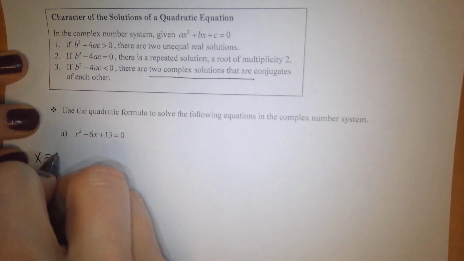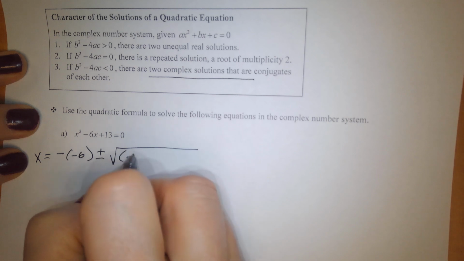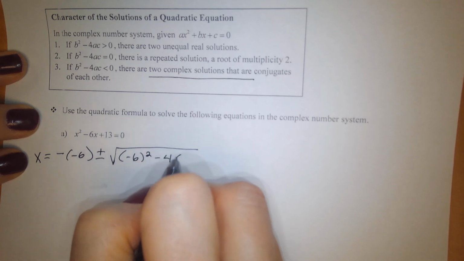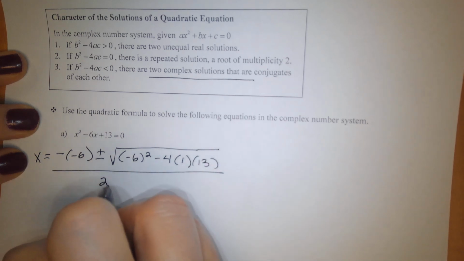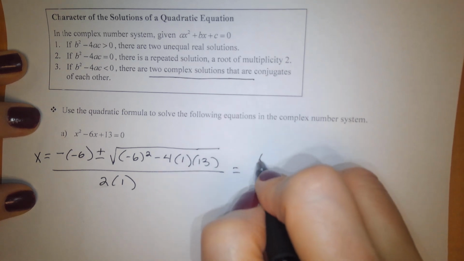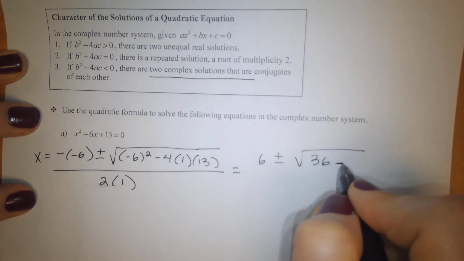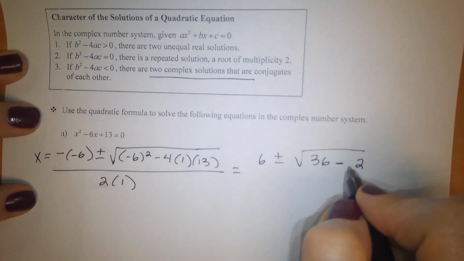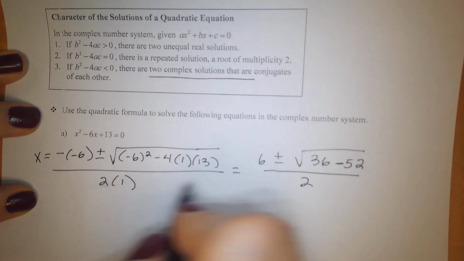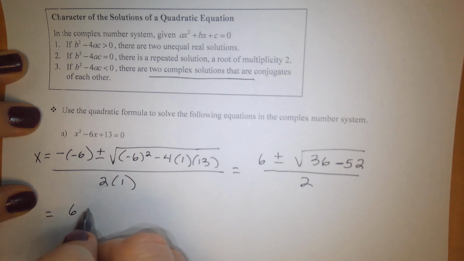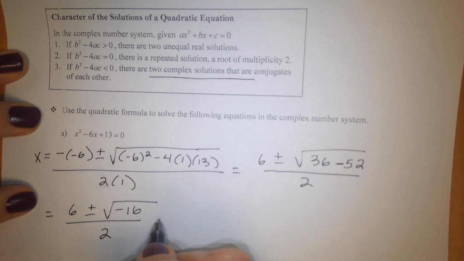So x equals -b plus or minus the square root of b squared minus 4ac, all over 2a. So this becomes 6 plus or minus the square root of 36 minus 52, all over 2, which is equal to 6 plus or minus the square root of -16 over 2.